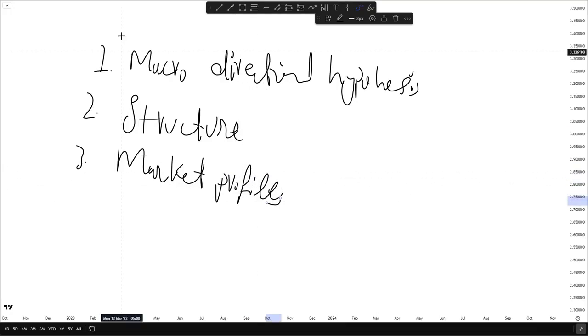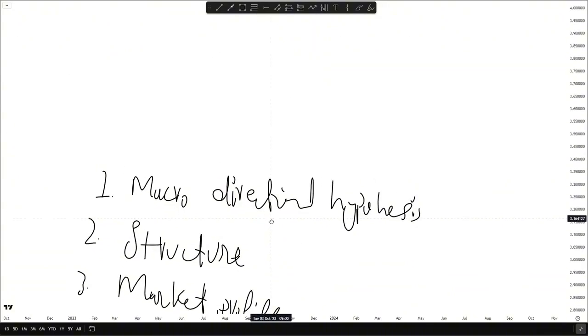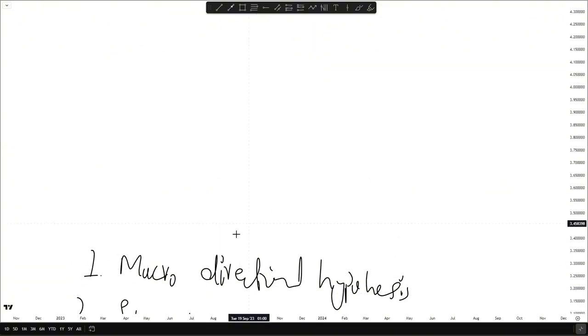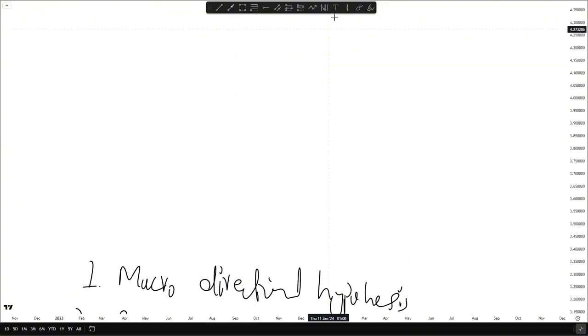Now let's discuss each one of these steps in a bit of detail, and let me give you a graphical representation of them. Okay, first we will discuss how to build a macro directional hypothesis. So we do that with the help of two concepts.